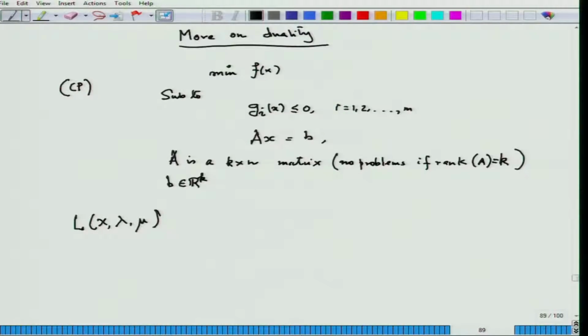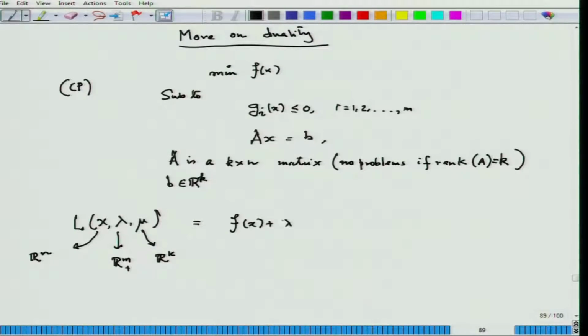Remember that associated with the equality constraint, the mu has no sign. So, x comes from R n, lambda comes from R m plus, which consists of the Lagrangian multipliers of inequality constraints, and mu is the Lagrangian multiplier for the equality constraints, it comes from R k. So, it is usually written as f of x plus the lambda terms plus the mu term.